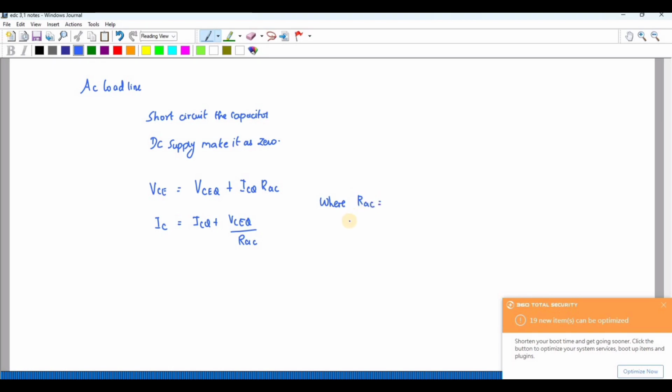RAC is nothing but, so you can see in the diagram, this is R1, this is RC.